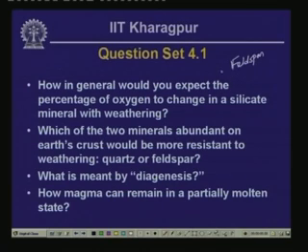The formula of potassium feldspar or orthoclase is this. It is essentially potassium aluminosilicate, whereas as you come down, actually this is becoming a little bit busy. Let me open up a fresh page for doing this.